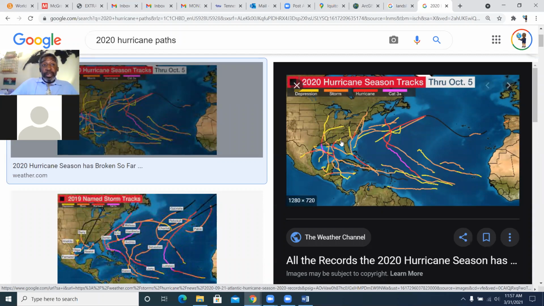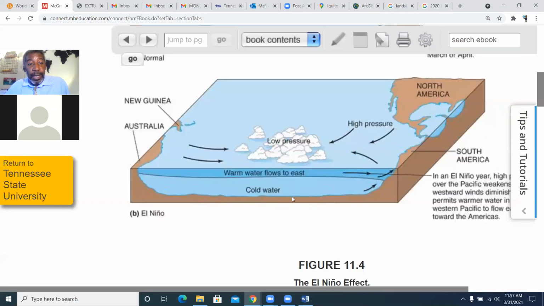During El Nino years, we have lower hurricane risk in North America. So this El Nino pattern is good for those of us in North America in that it mutes the formation and transit of hurricanes. So again, this El Nino phenomenon has global implications in terms of weather and climate throughout the world.